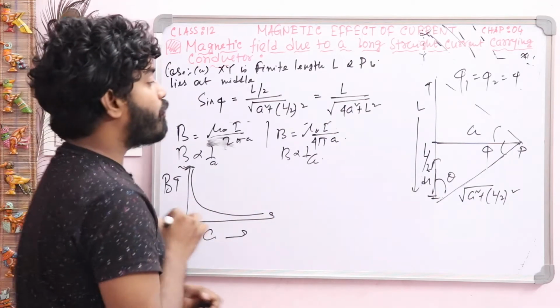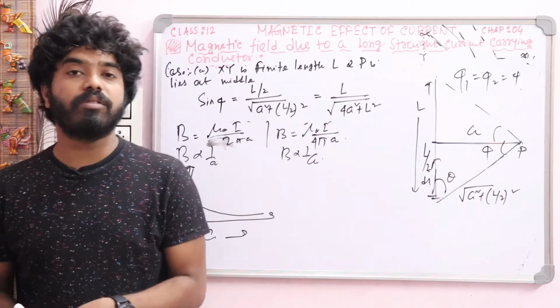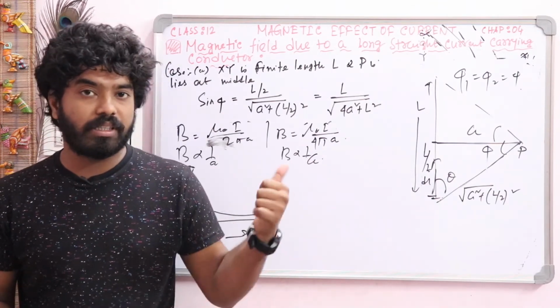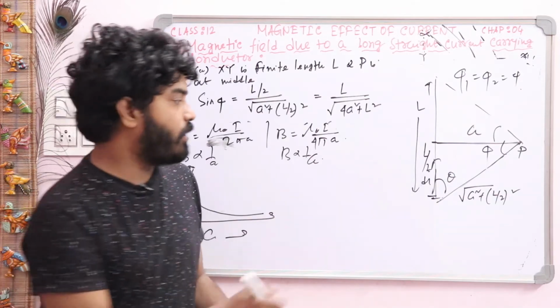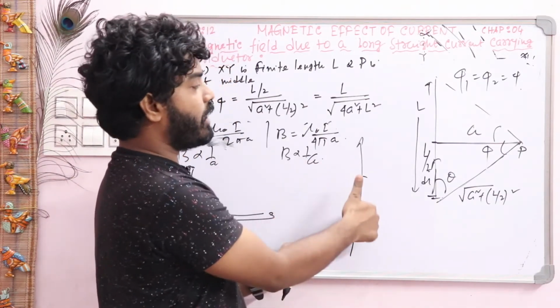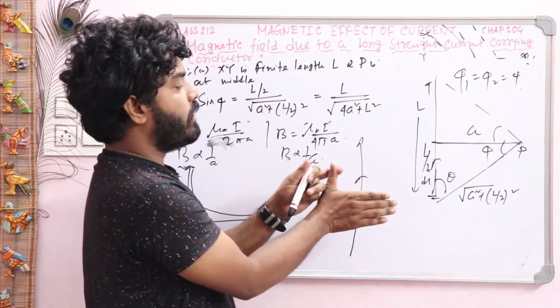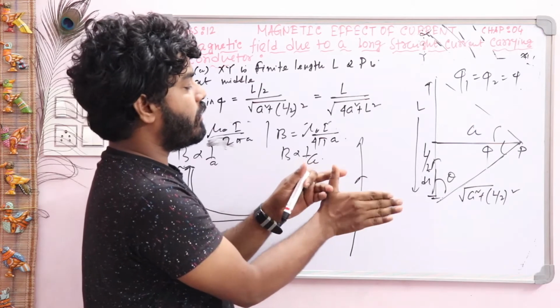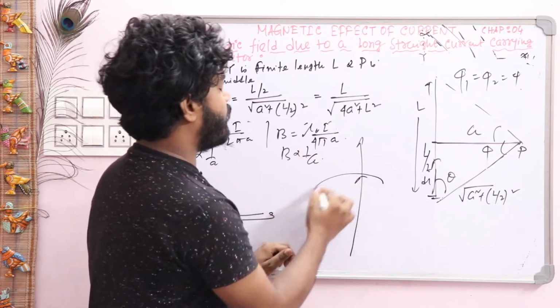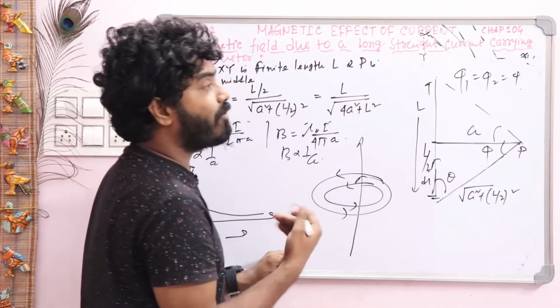And how will we find out the direction of magnetic field? All of you know the screw rule, or you can use the right hand thumb rule. This is a conductor, and current is flowing in this way. Now use your right hand thumb: the thumb gives the direction of current, then the direction of your other fingers gives the direction of magnetic field lines.